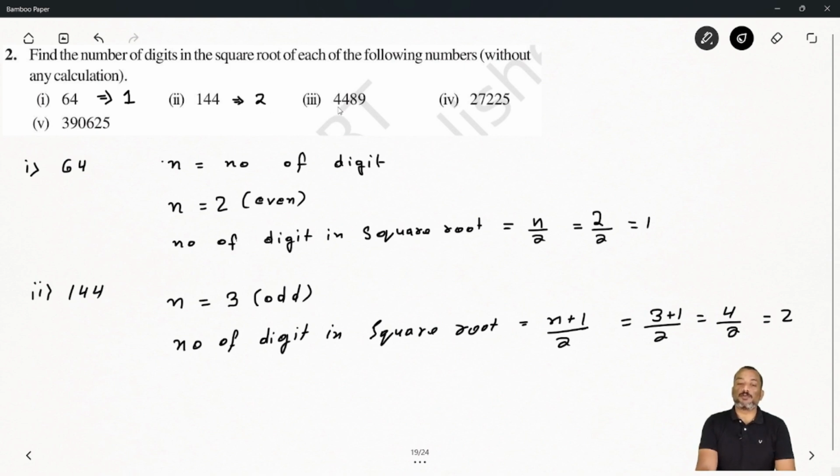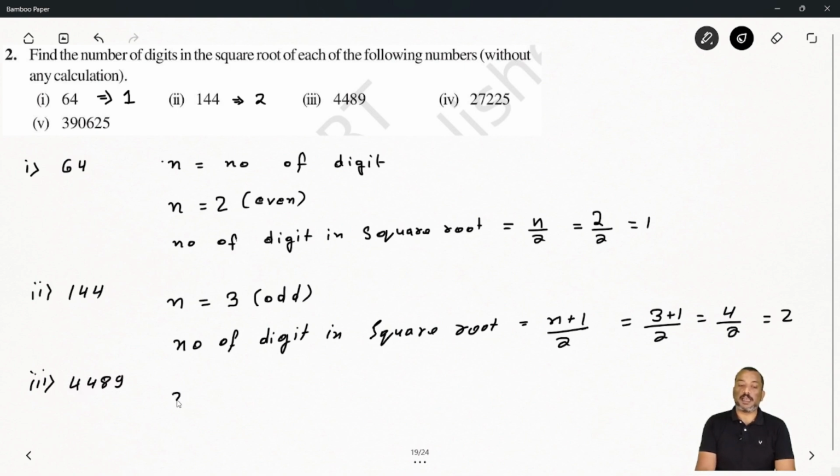In the same way, here you have 4 digits. 4 is basically even. Now question number 3: how many digits? 4 digits, it is 4489.